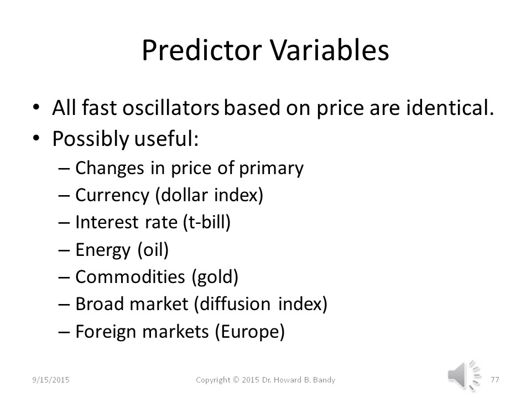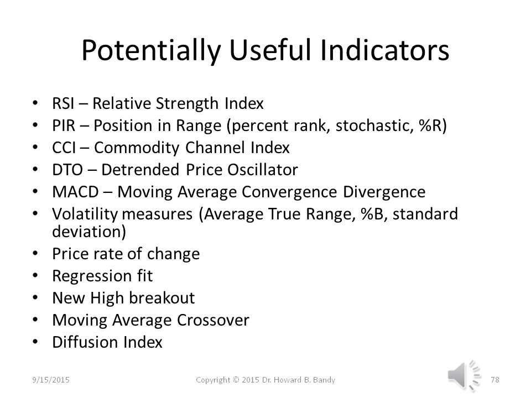What you will find is that all fast oscillators based on price of any given data series are essentially identical. As you look at RSI or position in range or commodity channel index and so forth, these are all the same. So just pick one. Pick an RSI or pick a detrended price oscillator and use it.